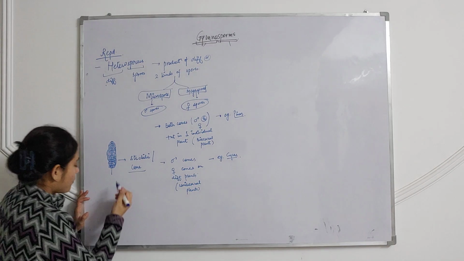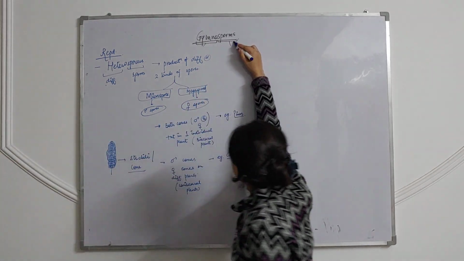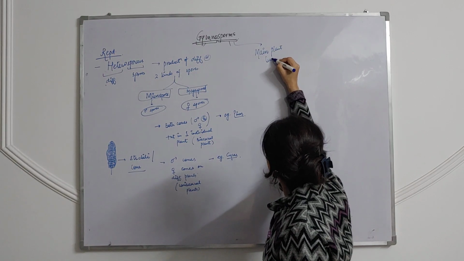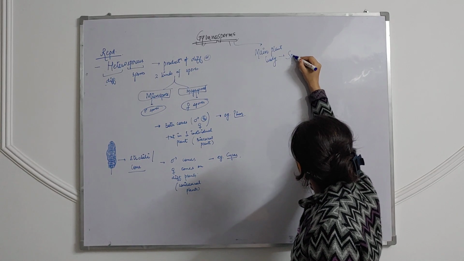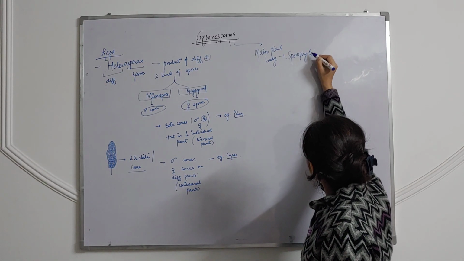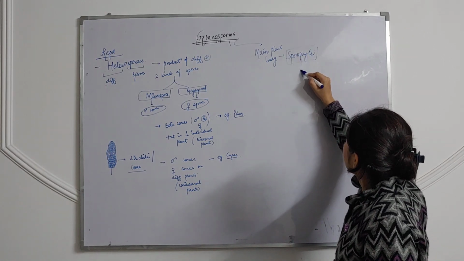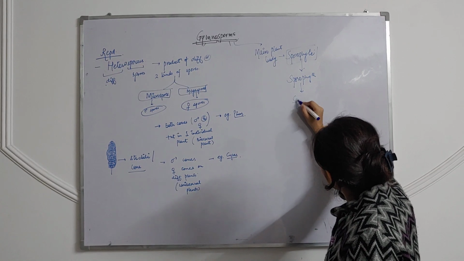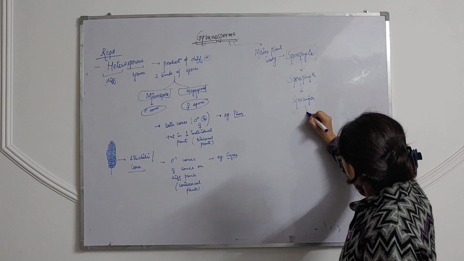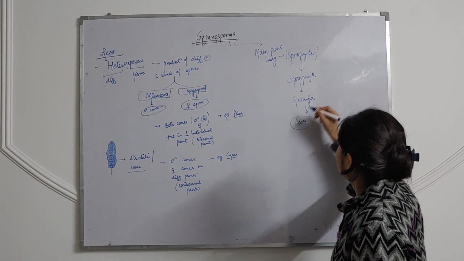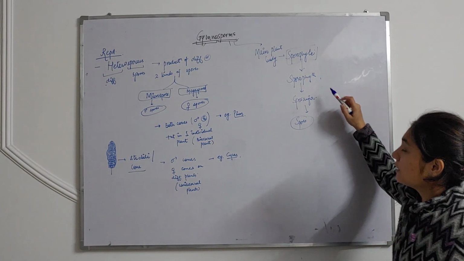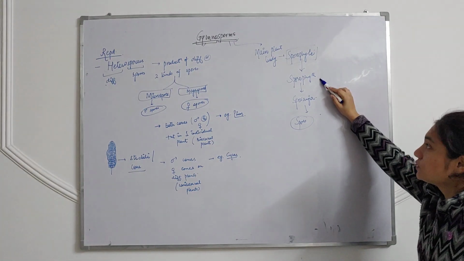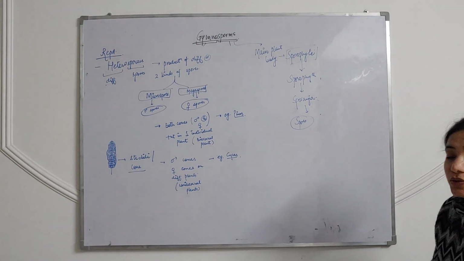In gymnosperms, the main plant body is the sporophyte. The sporophyte bears sporophylls, where sporangia are present, in which spores are produced.